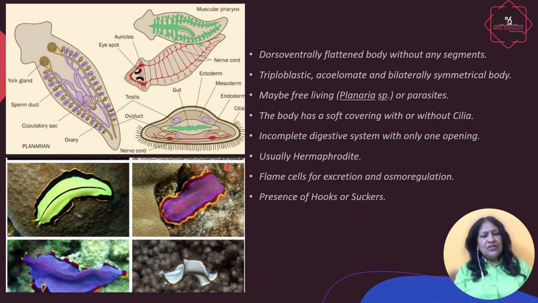For excretion, they have specialized cells called flame cells. This not only helps in excretion but also maintains osmoregulation. For most of the parasitic forms, they possess hooks or suckers in order to stick to the host.